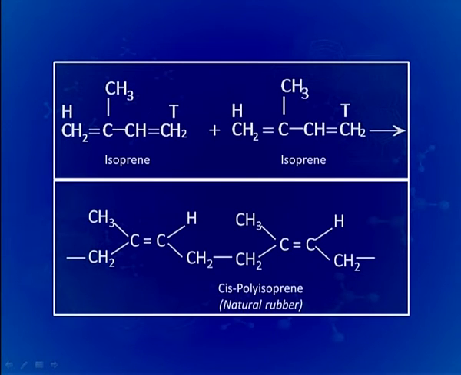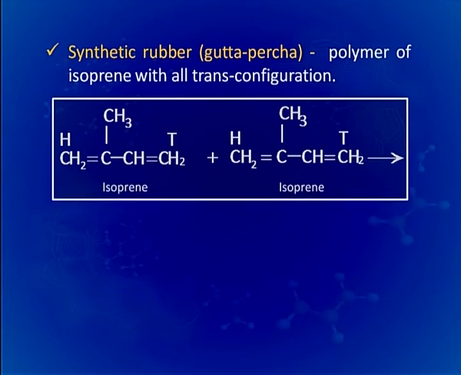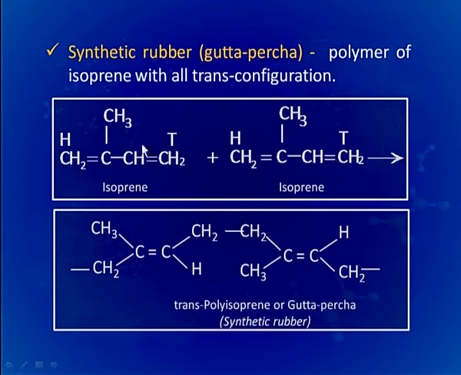So, this is cis. Now, synthetic rubber, which is also known as gutta percha, is the polymer of isoprene with all trans configuration. Here we can see again the same isoprene is being added to another unit of isoprene. This is also a homopolymer, with the same repeating unit throughout, but here addition is taking place in the trans manner.